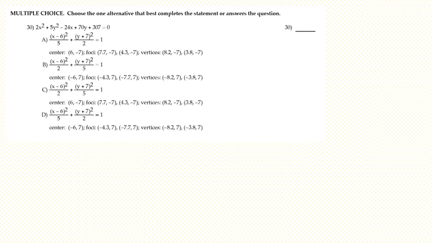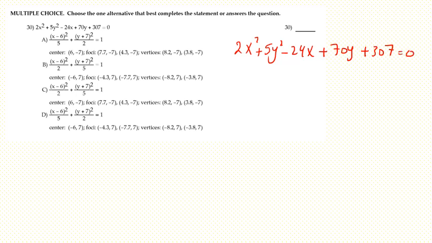One of the types of questions, which is the last type, is how to transform the equation by using completing the square to write the equation of the ellipse or hyperbola. So as we can see, I have 2x squared plus 5y squared minus 24x plus 70y plus 307 is equal to 0.